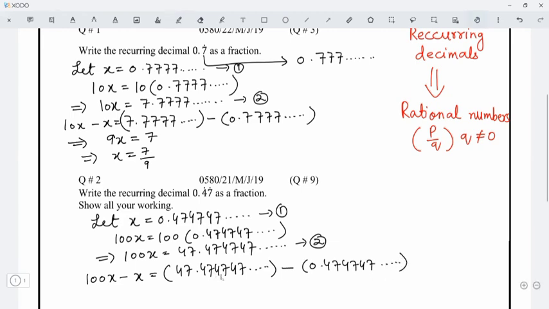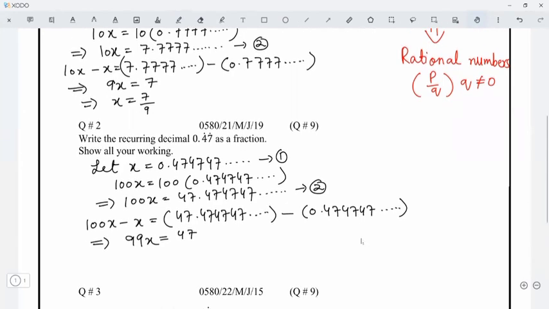After the decimal point, the number of digits is exactly the same, so just 47, written before the decimal point, is the answer. But 100x minus x is 99x, so 99x is on the left hand side, and we divide by 99 to move it to the right hand side. It gives us 47 over 99.